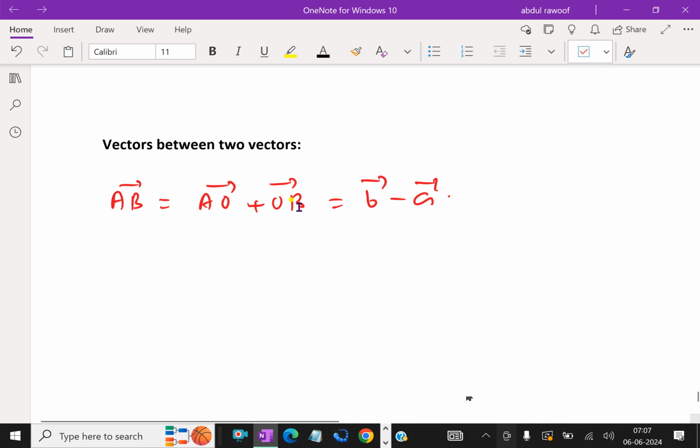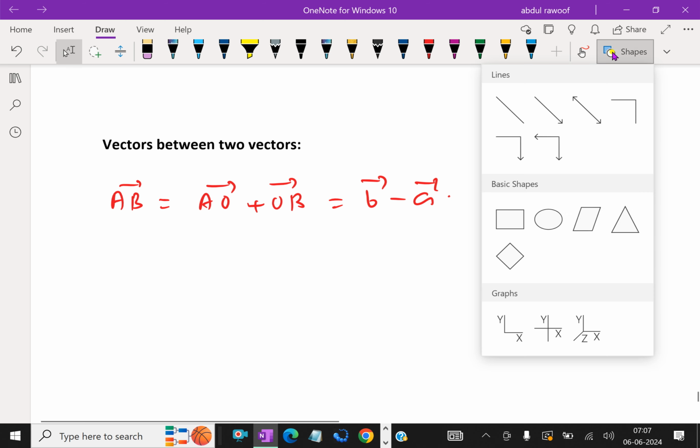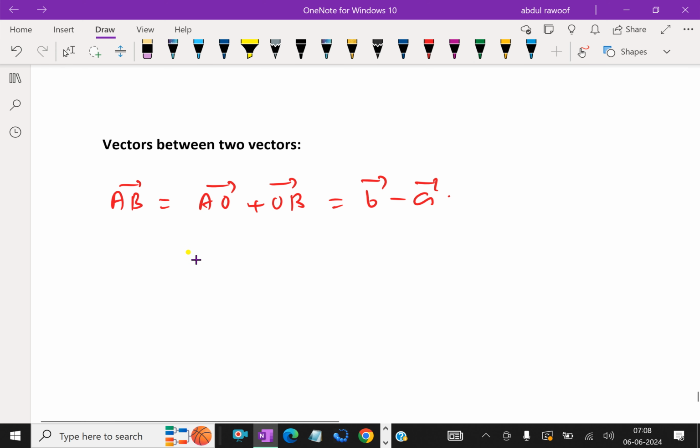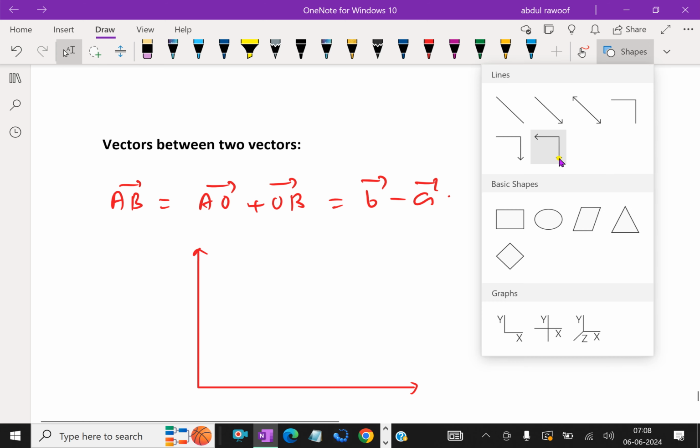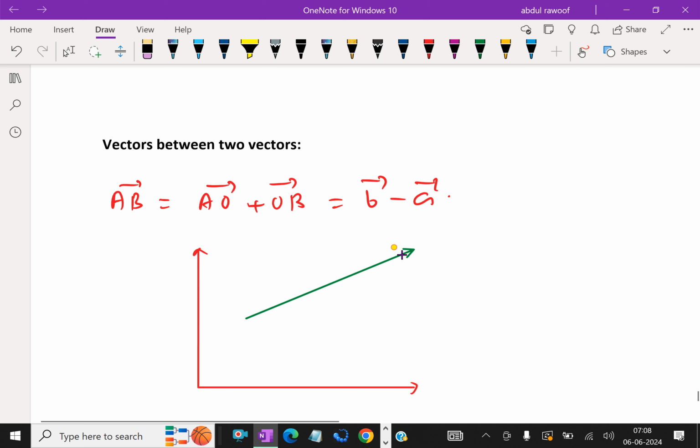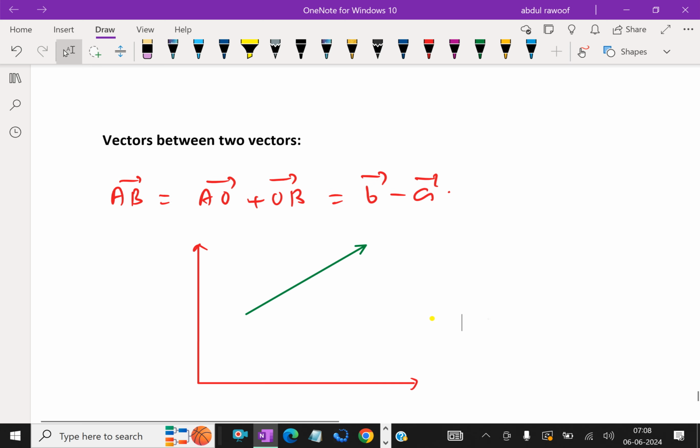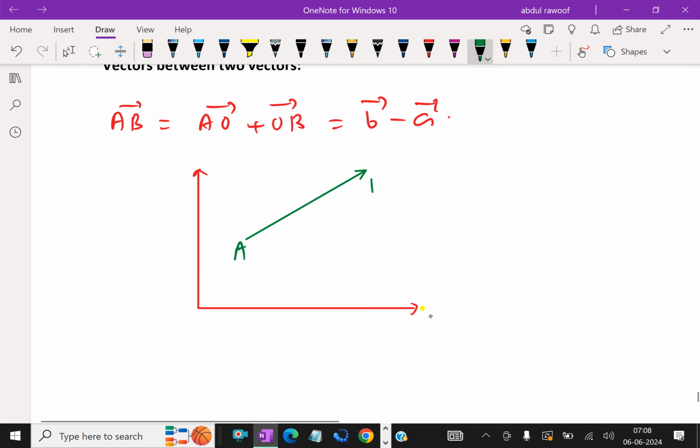For this, how to show it in a diagram. Now let the points be A and B. This is the starting point A and point B. The point vectors are A1, A2 and B1, B2.